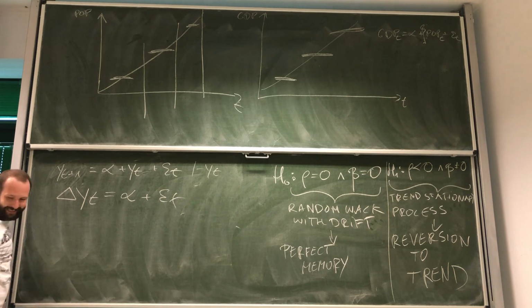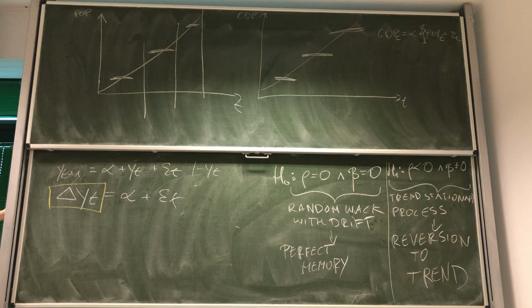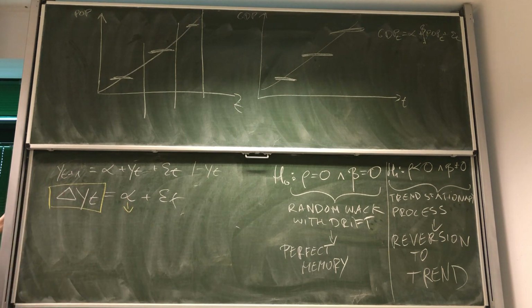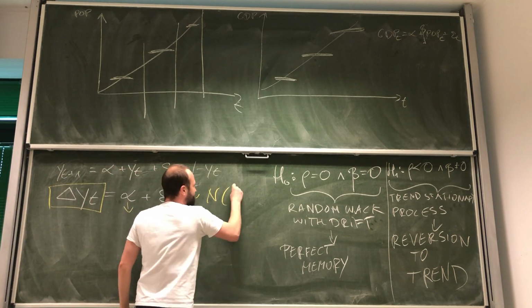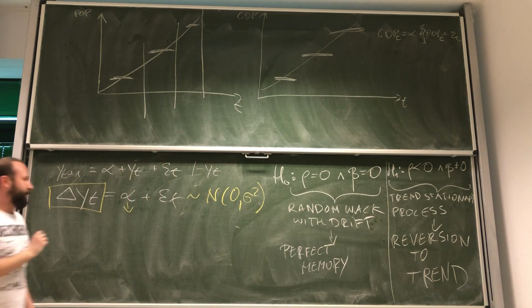And look now, can I use this variable? Can I use delta yt instead of using yt plus 1, yt plus 2? Can I use deltas? Yes. How? Well, this is a constant. So it has a constant mean, constant standard deviation. This is normally distributed with zero mean and constant variance.